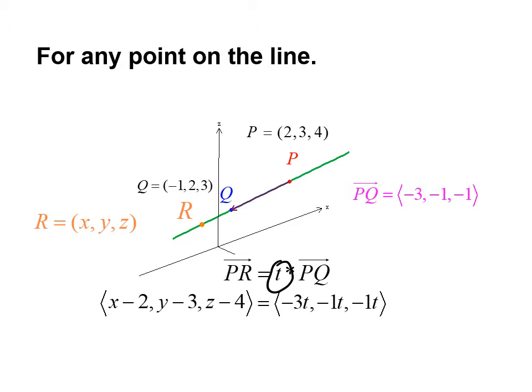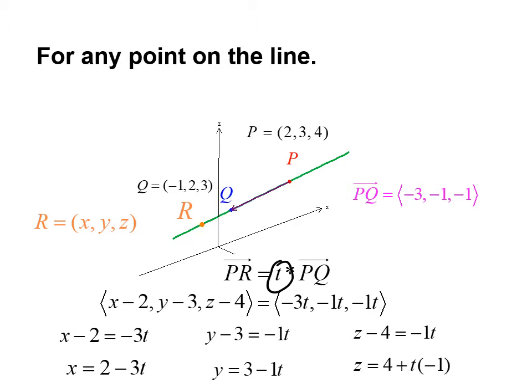Here's T times the vector from P to Q. That just means multiply each component by T. Since they're equal, then each component must be equal. So we set the components equal to each other. And we have the set of parametric equations for the line.